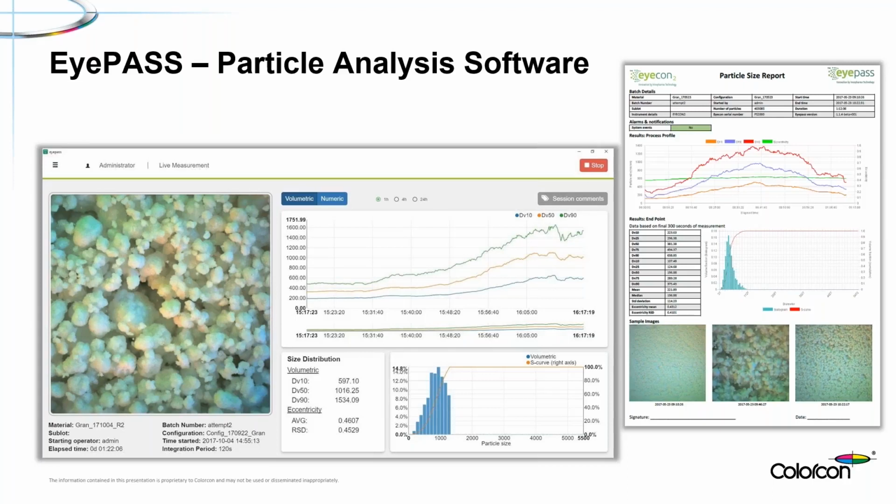On the right-hand side, then, we have the particle size data, the dV10, dV50, dV90, with respect to time, and we have numeric particle size distribution data and a histogram S-curve in the bottom right. All essentially different ways of representing the same type of thing.